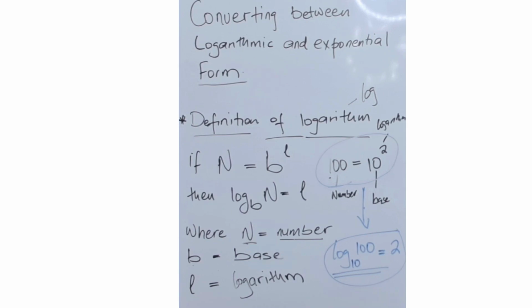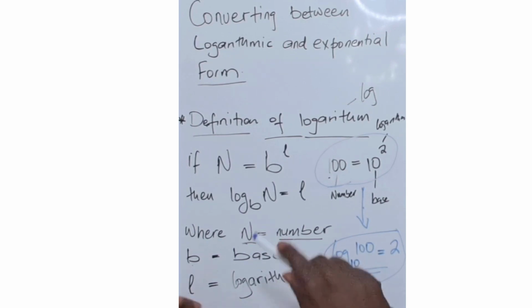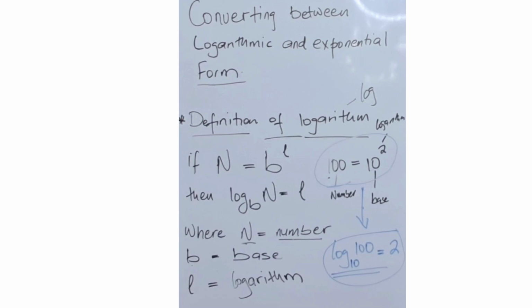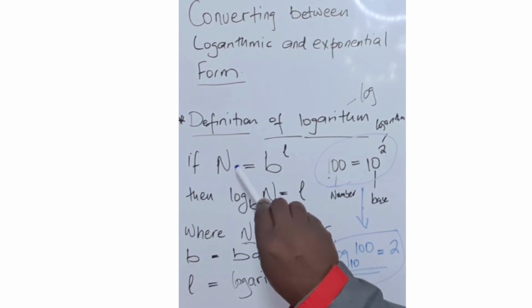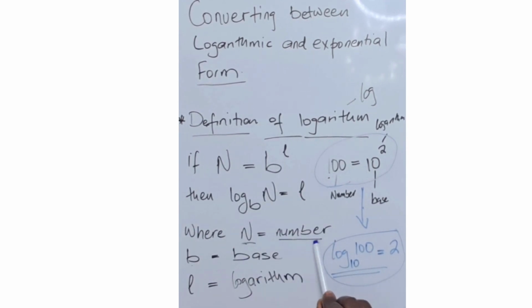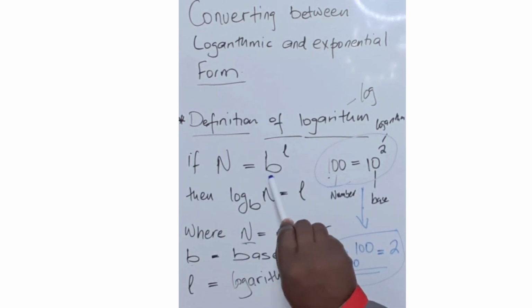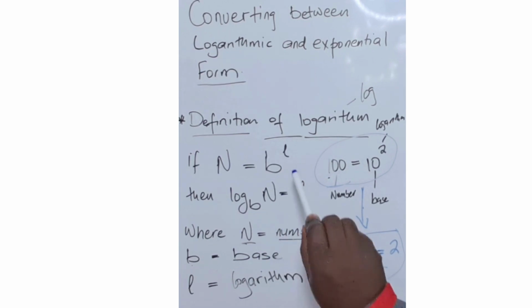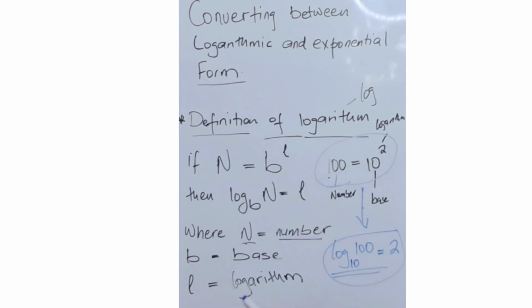It's pretty simple. There's nothing difficult about it, as long as you know your definition of the log. Don't forget that n will always be the number, b is always going to be your base, and l is going to be your logarithm.